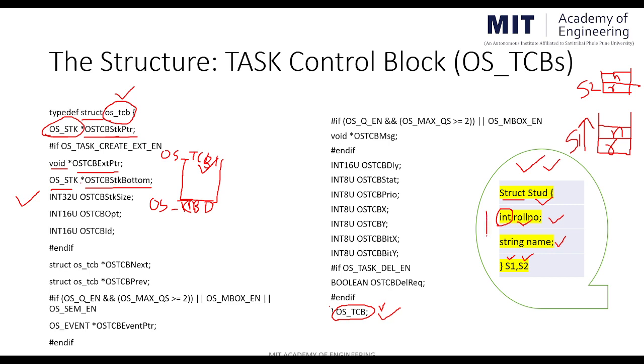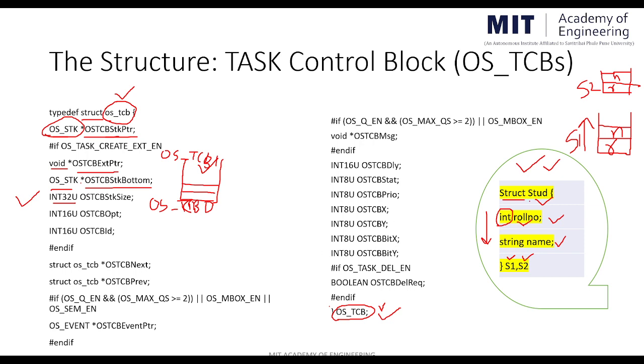Here we are making a list of the different members of the structure, which are located in the sequential memory locations of the OS_TCB variable. Then another data type is INT32U. See, these are not normal data types.